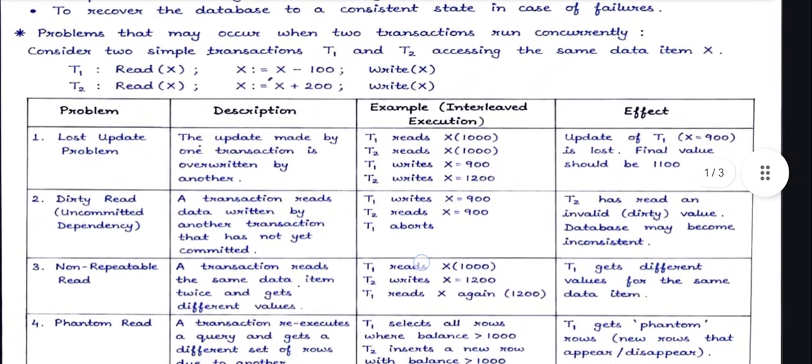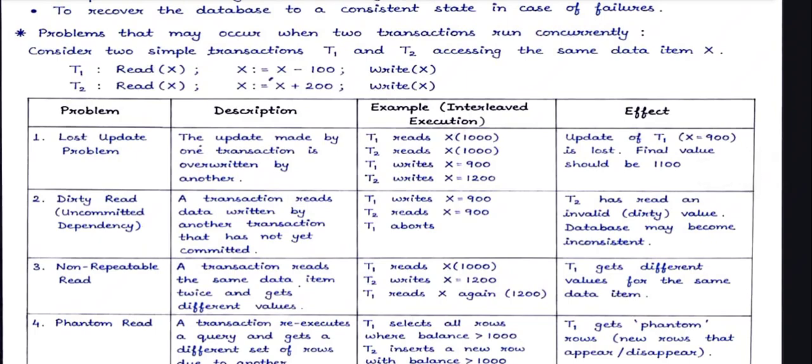Problems that may occur when two transactions run concurrently. Consider two simple transactions T1 and T2 accessing the same data X: X = X - 100 for T1, X = X + 100 for T2. The lost update problem: the update made by one transaction is overwritten by another.